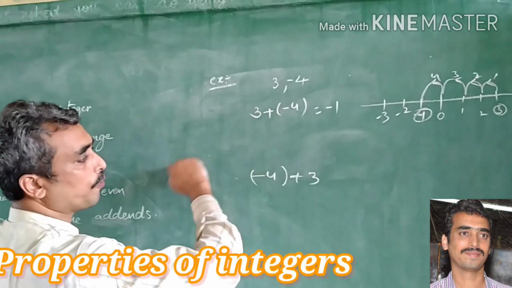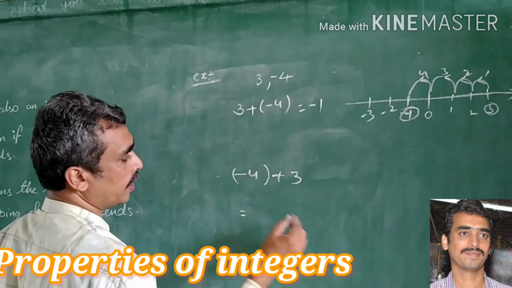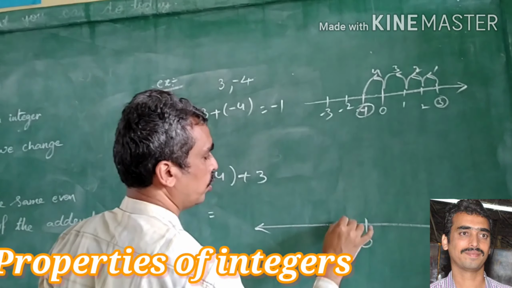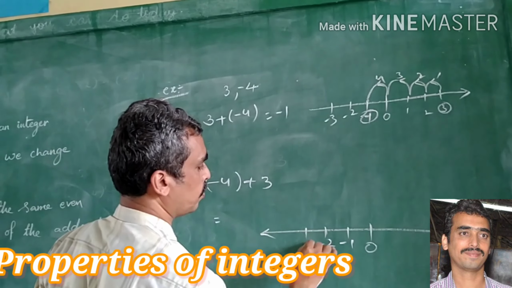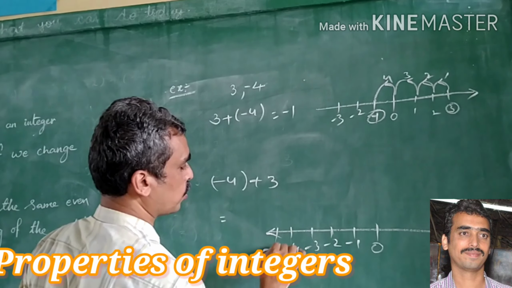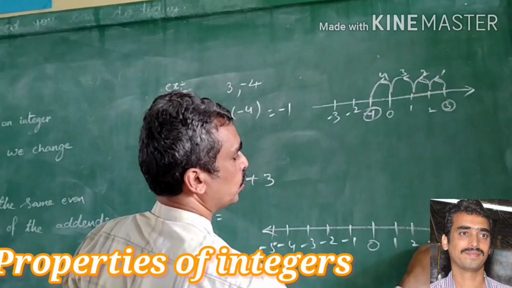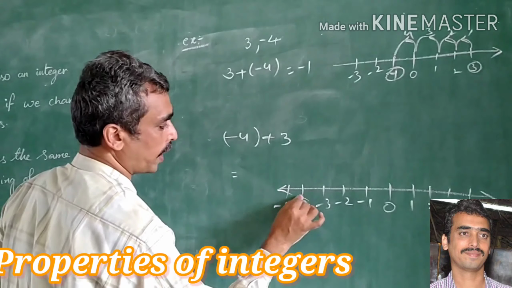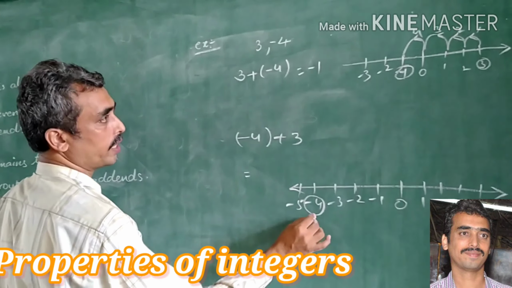Coming to this order, minus 4 plus 3. Here also you draw a number line: 0, minus 1, minus 2, minus 3, minus 4, minus 5 and so on, 1, 2, 3, 4 and so on. As per this, first we go to minus 4. Okay, here we start.